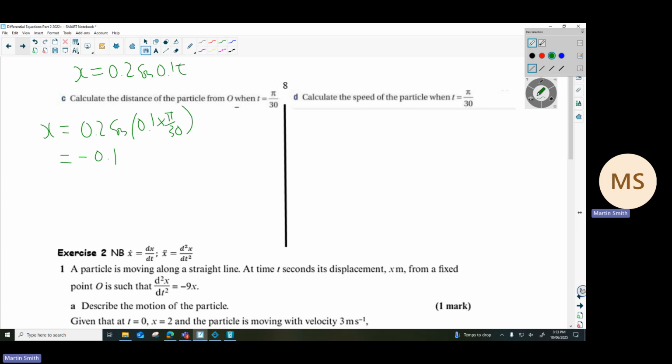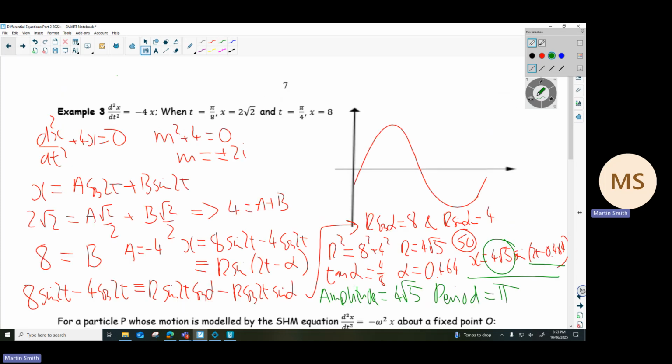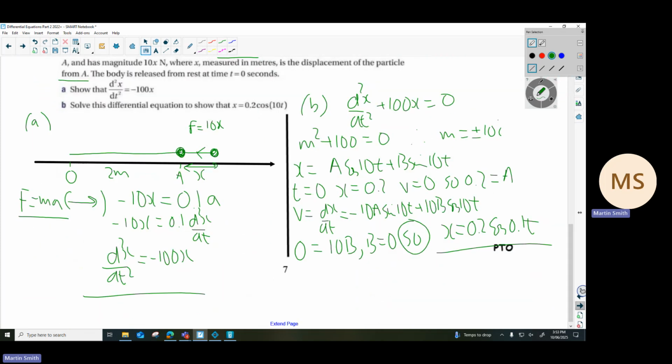So if you go back to this picture, it's slightly annoying. We've got to go here. What that means is that at this point in time, it's at this point here where that distance is 0.1, because it's 0.1 in the negative direction.